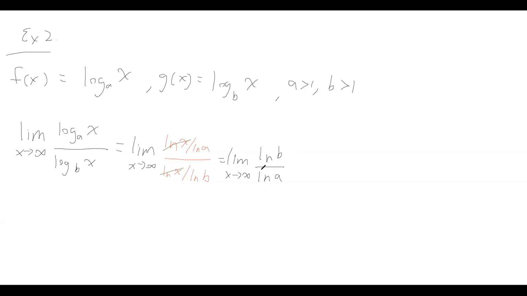That means what we're looking at here, the quotient of ln b and ln a, is actually a constant, right? That means we can just drop the limit, and the limit is equal to ln b over ln a.